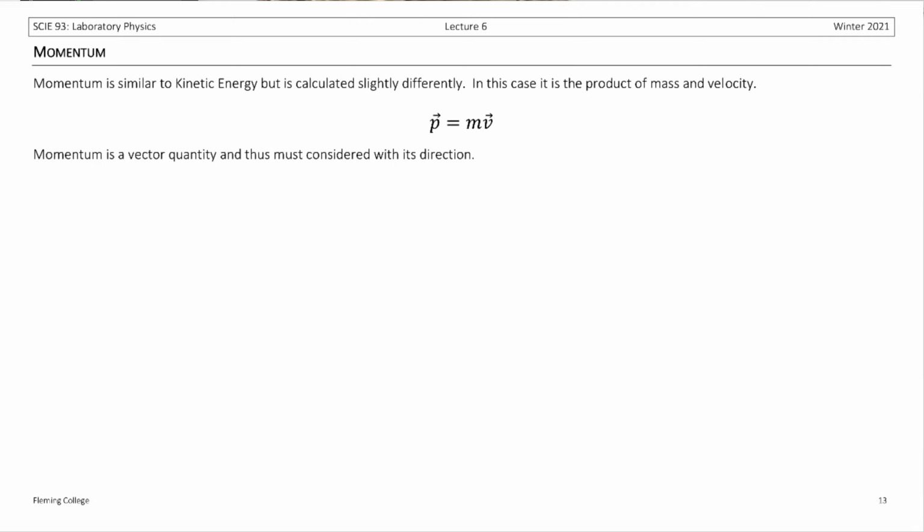So momentum is similar to kinetic energy in that it's dependent on the mass and velocity, but it's calculated slightly differently. In this case, it's the product of mass and velocity. There's no squaring. The other key difference is that momentum is a vector quantity, which means that direction is very important when we think of momentum.